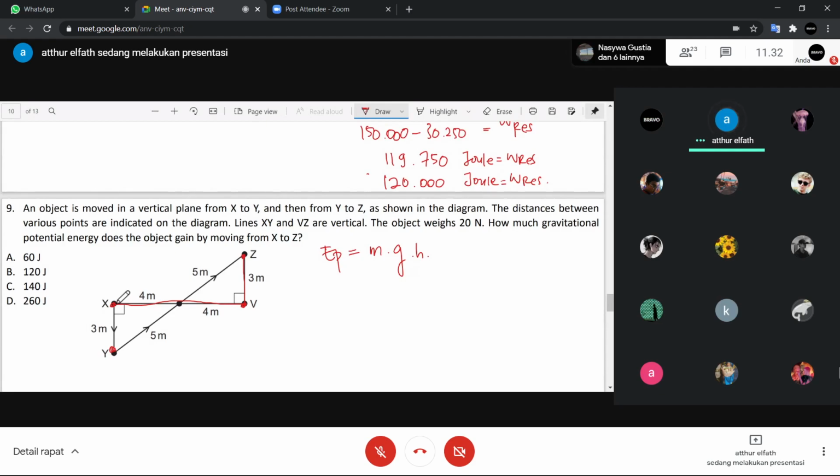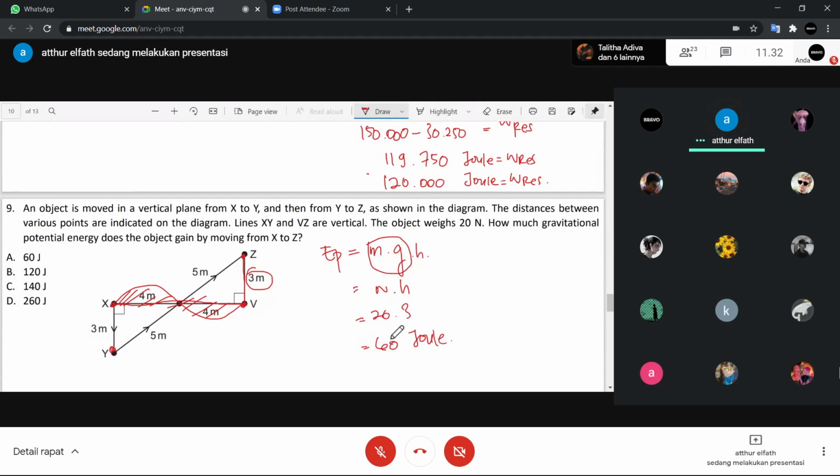We don't care about this distance, we only see this height. So the weight is 20 and the height is 3.